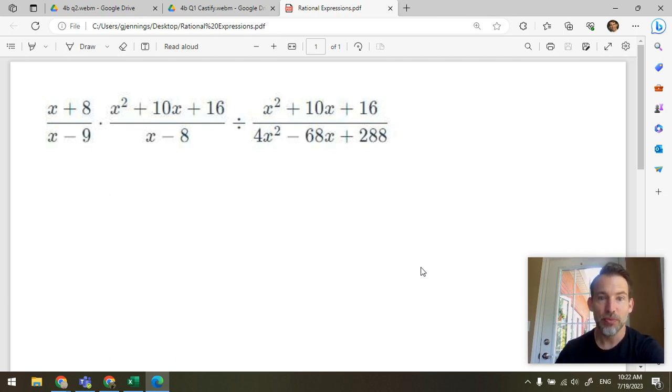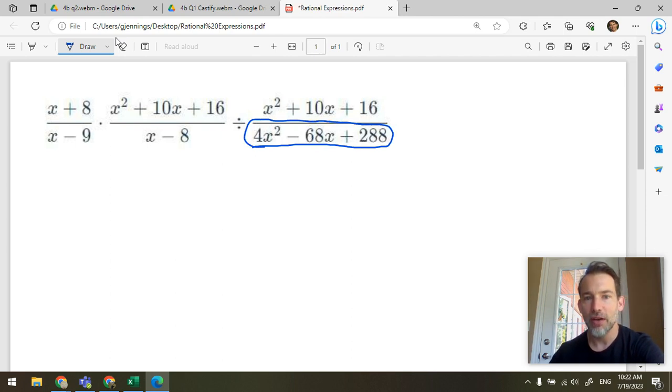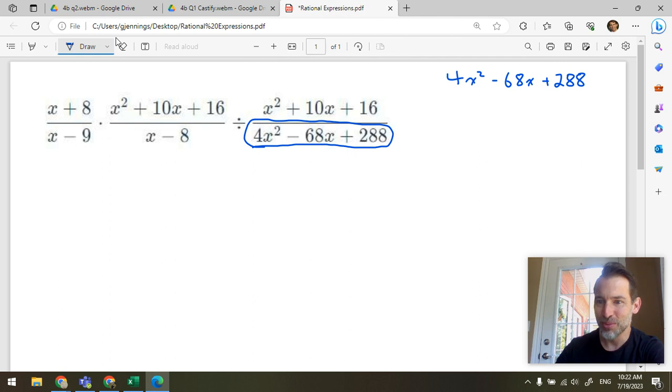What I'm going to do is take the pieces out and factor them separately. I'm going to take this piece here and factor it over here. This is rough work: 4x squared minus 68x plus 288. I happen to know that all of those are divisible by 4.